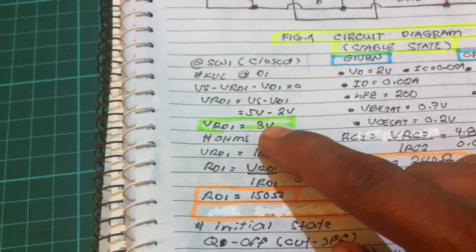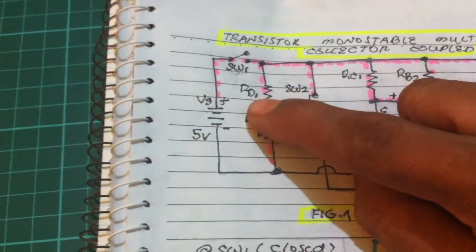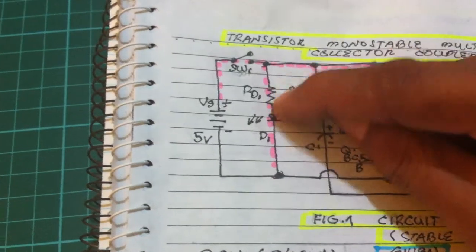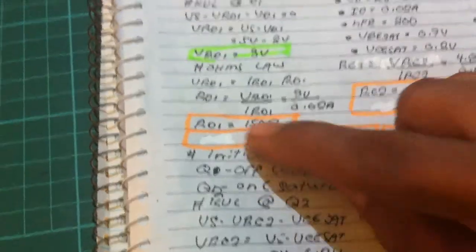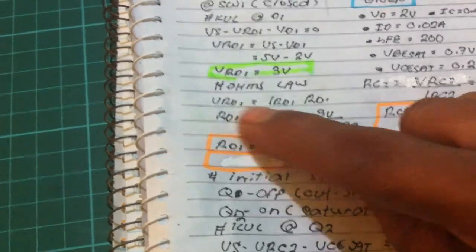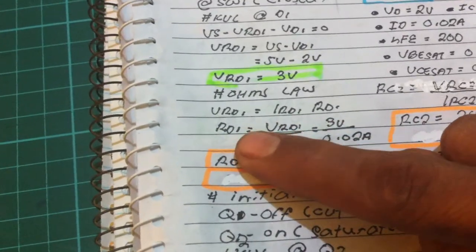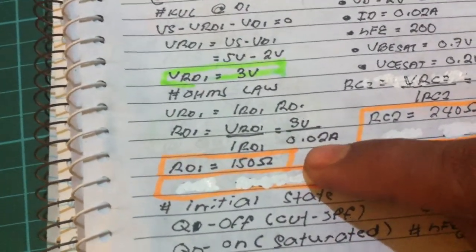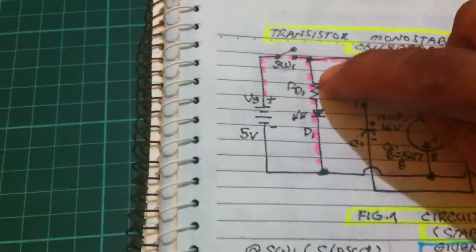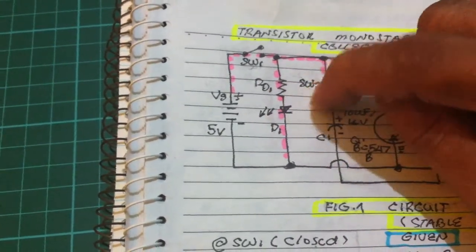And we get now 3 volts across the resistor. Since we know the voltage drop across the resistor is 3 volts, what about the current flow at the resistor? I'm using Ohm's law, V equals IR. Since we are computing the value of RD1, by transposition we get 3 volts over 0.02 ampere. It means that the current flowing at the resistor is 0.02 ampere.